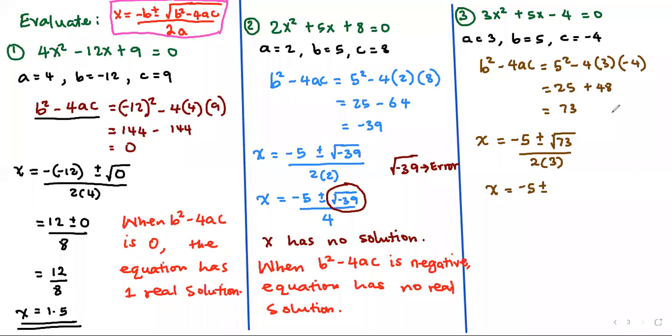On your calculator, get the square root of 73. If you round it to 2 decimal places, you'll get 8.54.